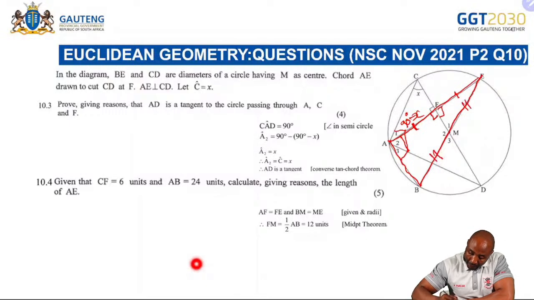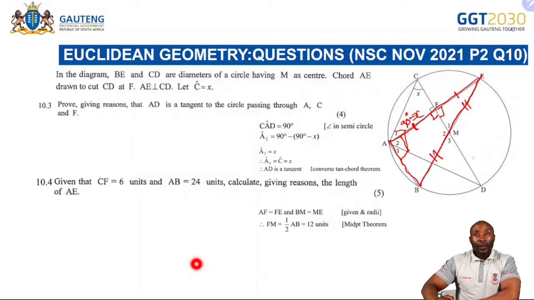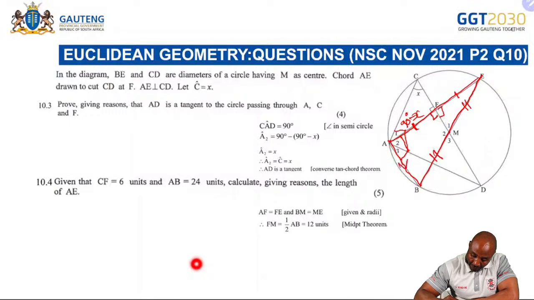So we know that if a line is drawn from the midpoint of one side of the triangle to the midpoint of the second side, it will be parallel to the third side and its length will be half the length of the third side. And this is what we call our midpoint theorem.